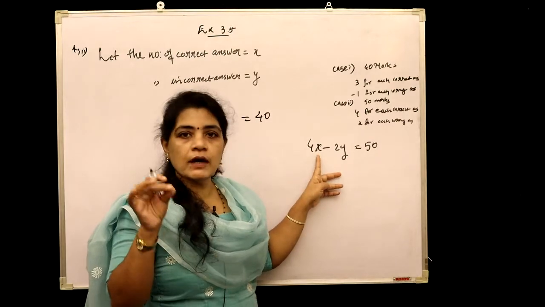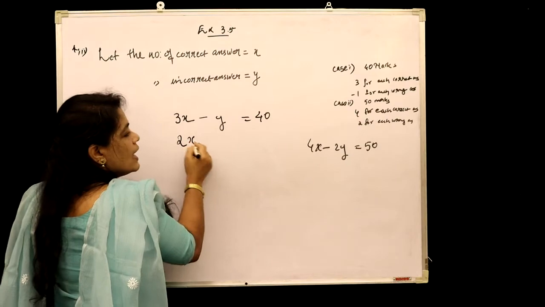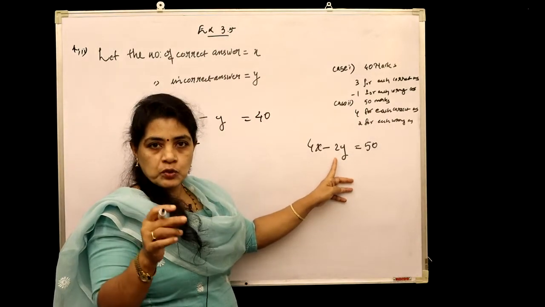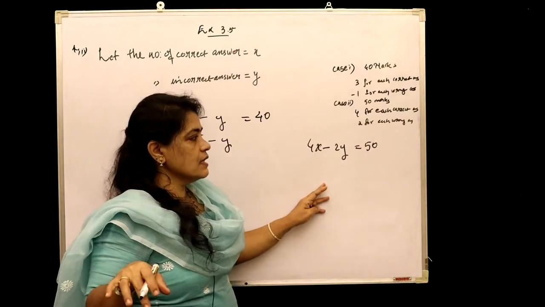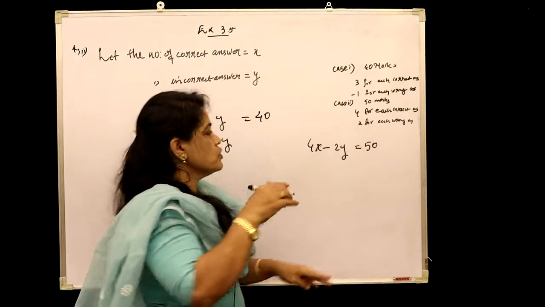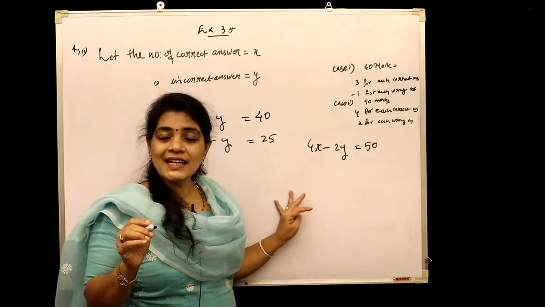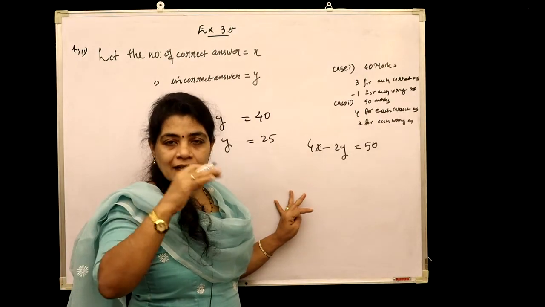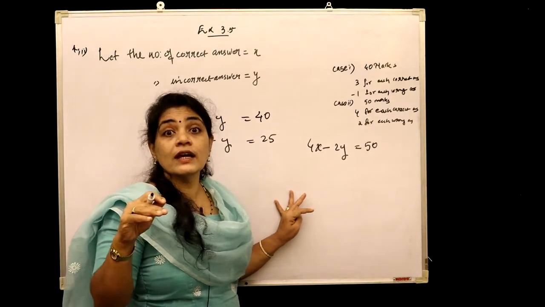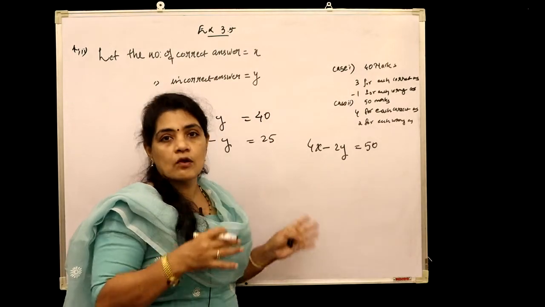So 4x by 2 is 2x, and 2y by 2 is y, that is the 2 gets cancelled, and 50 by 2 is 25. So after forming the equation, if you see any common factor in all the terms, both LHS and RHS, in that case you can simplify, and using that simplified equation you can solve.